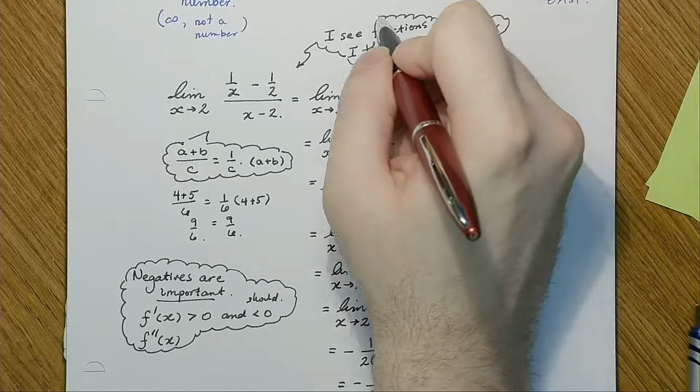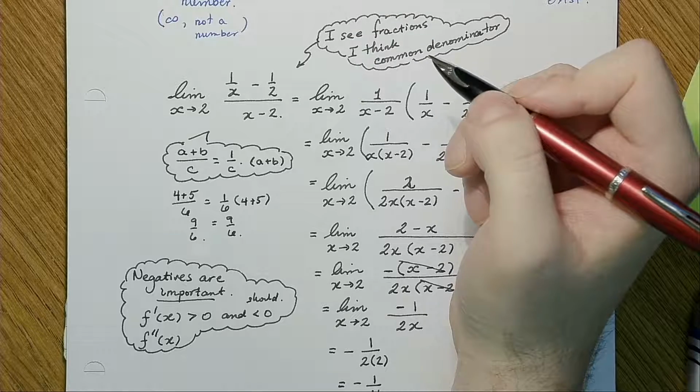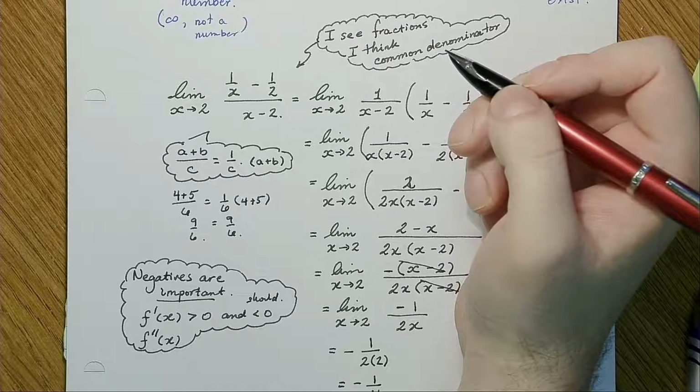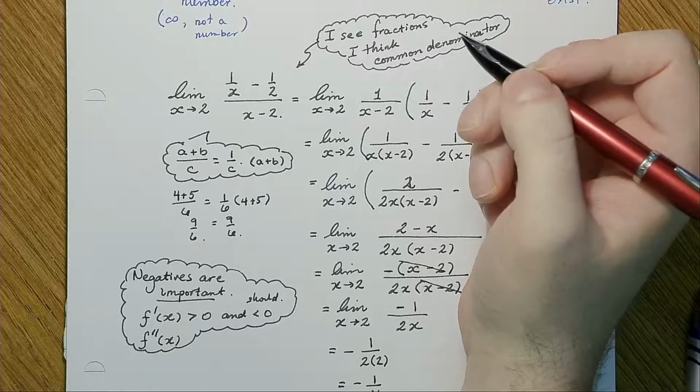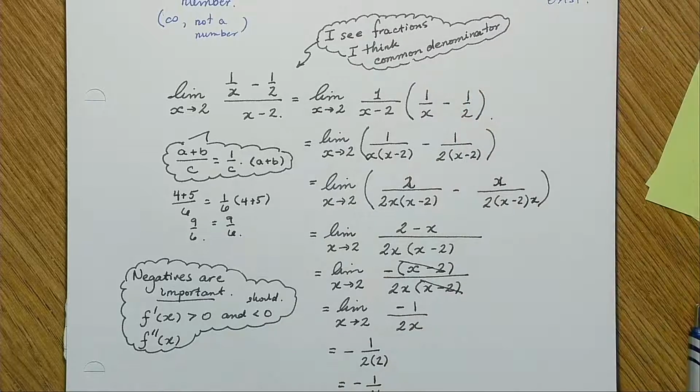Same thing with what were we using? We were using the square roots. When we're using square roots, start thinking radical conjugate. We're going to rationalize a numerator or a denominator.